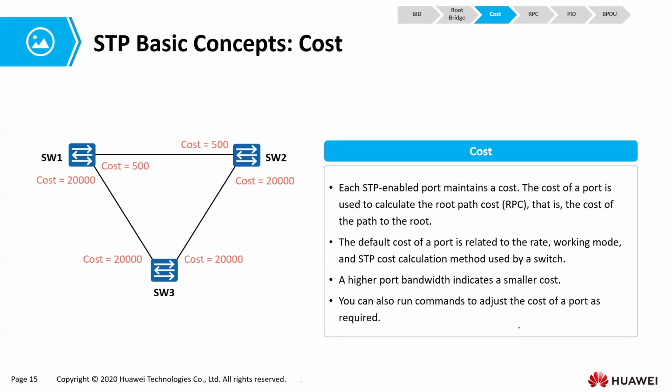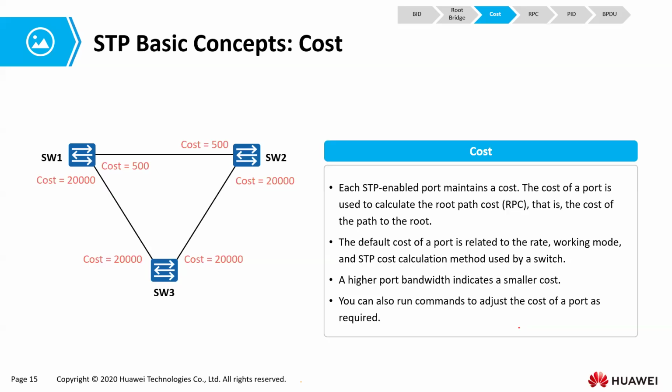We've gone through that. Then we have another concept, cost. Cost is a value assigned to specific ports to determine which path to use to get to the root bridge. Once you've identified the root bridge, you need to identify what you call the root path cost. The root path cost is a cumulative value of all the port costs.